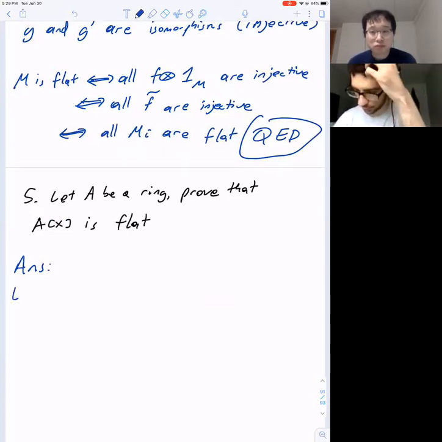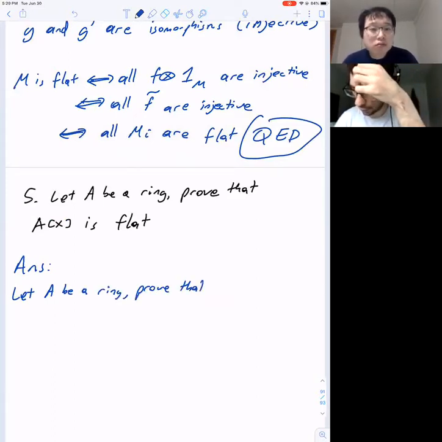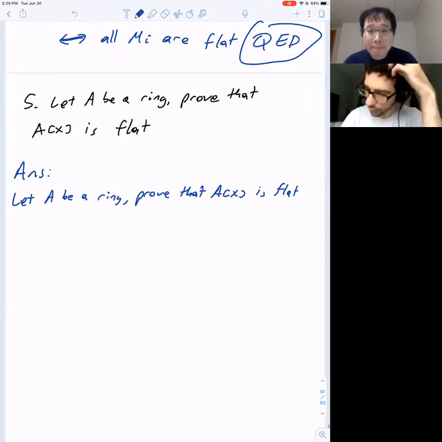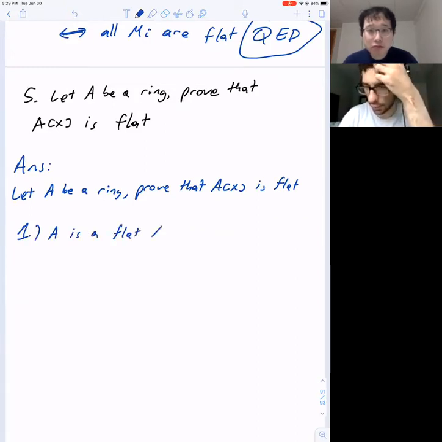Again, let A be a ring. I need to prove that A[X] is flat. How do I do that? The first step is, it's clear that A is a flat A-module.